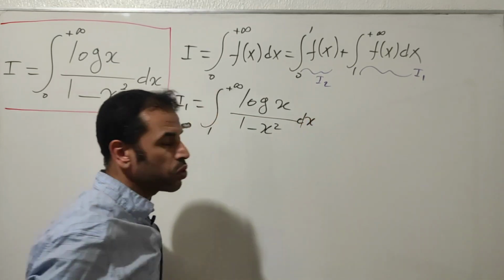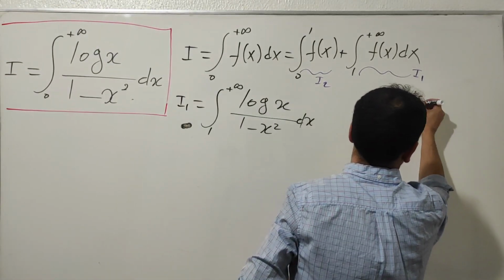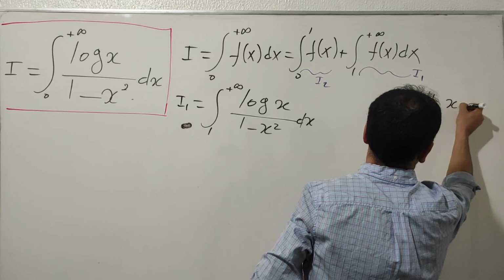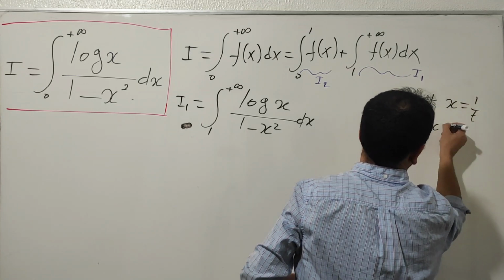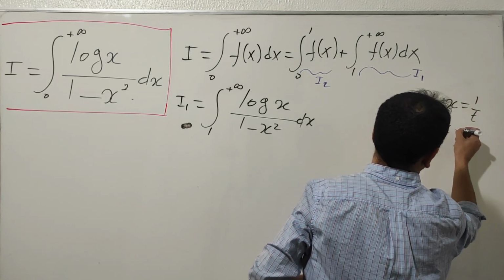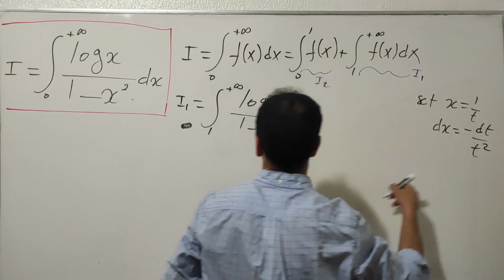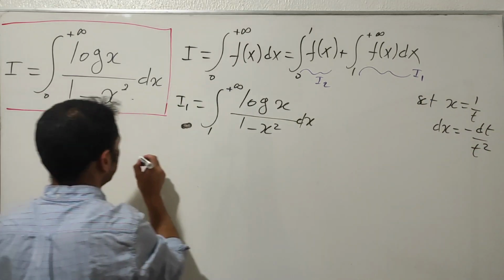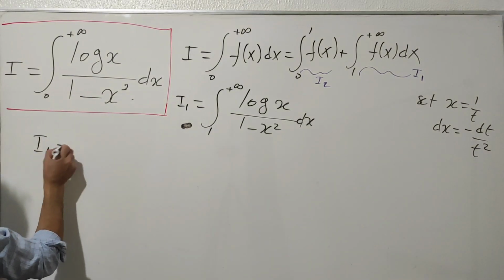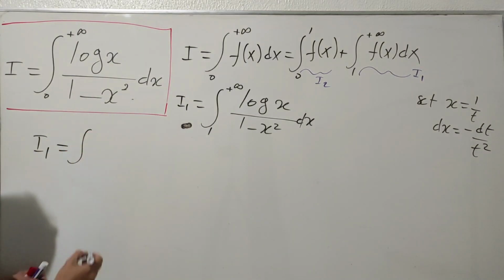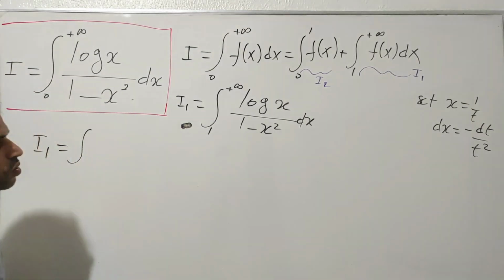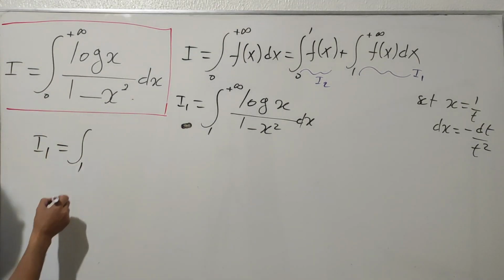dx. By going through a substitution, I'm going to set x equals 1 over t. If I differentiate this one, I will have dx equals minus dt over t squared. So I'm simply going to exchange that, and I will have a new integral. The bound: replacing x with 1, I get t equal 1 as well.